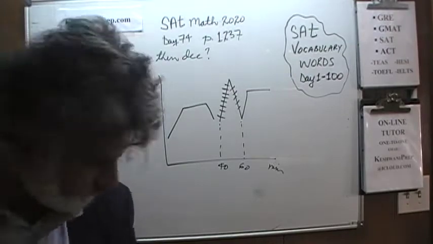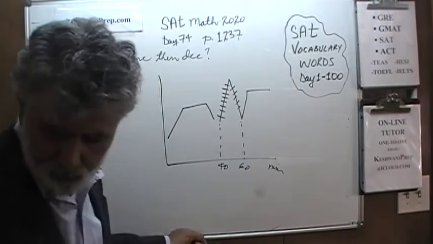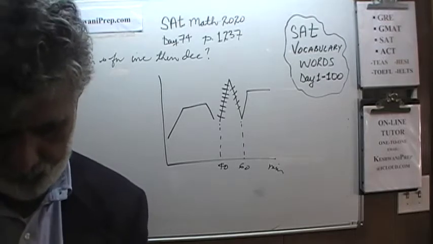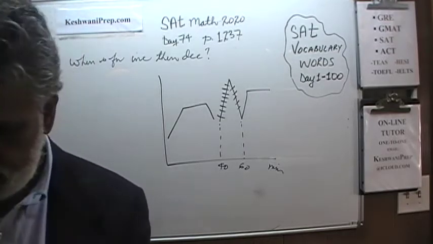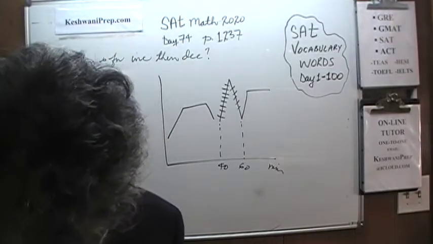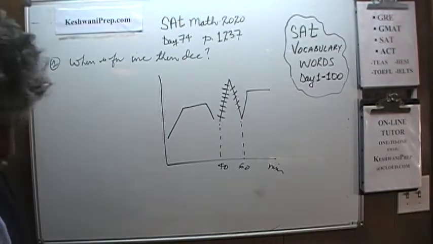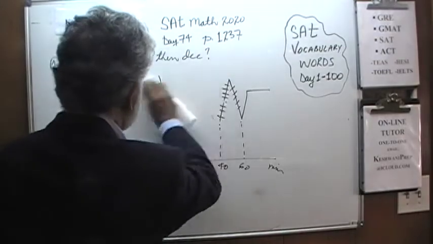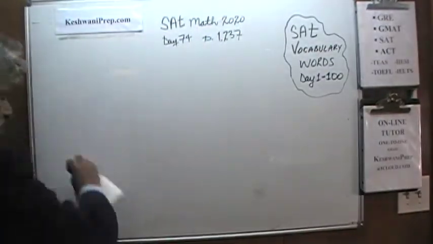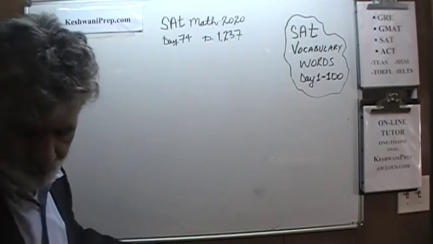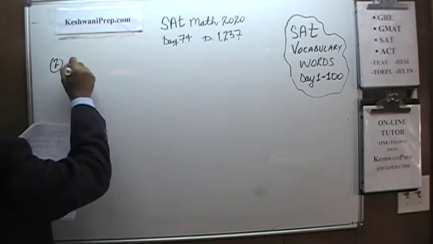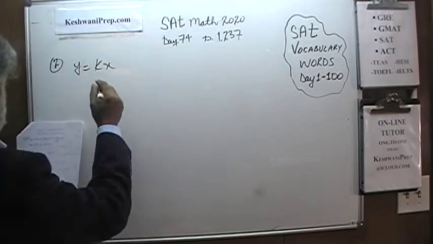Number 2. Question number 2. In number 2, we are told that y is equal to k times x.